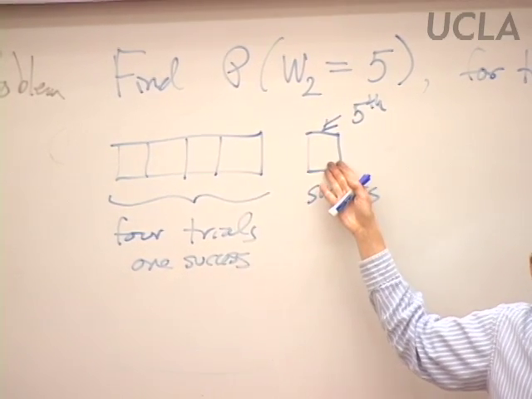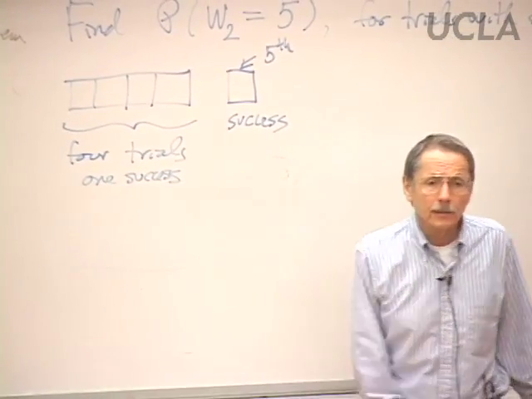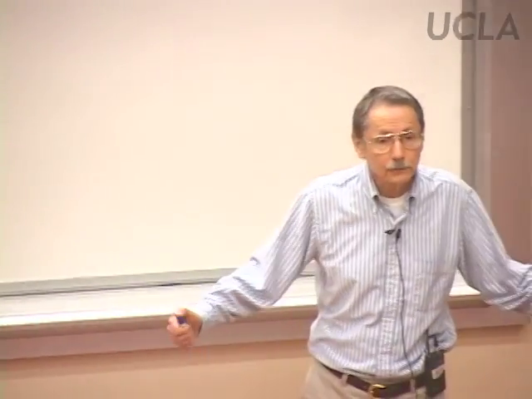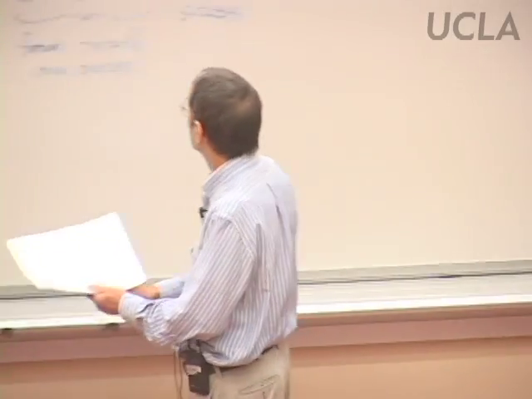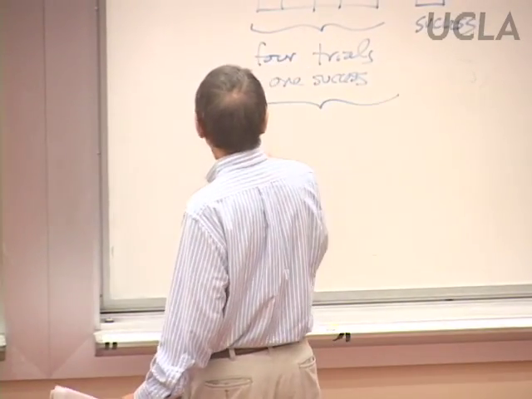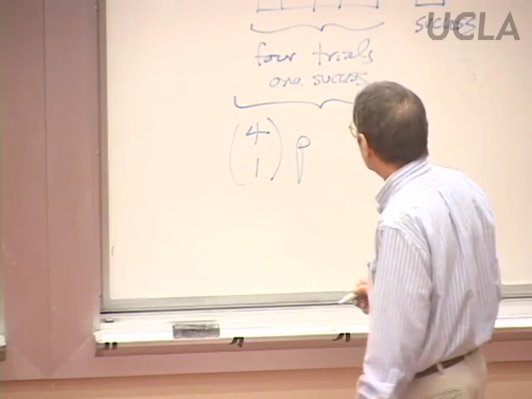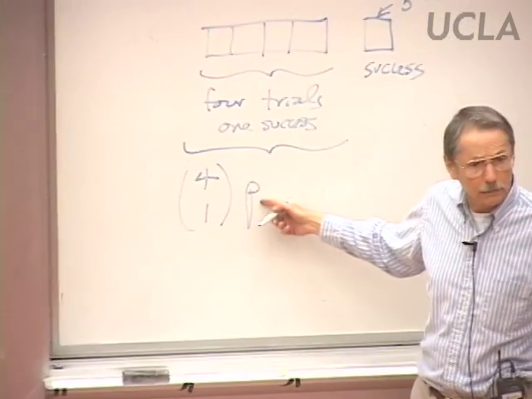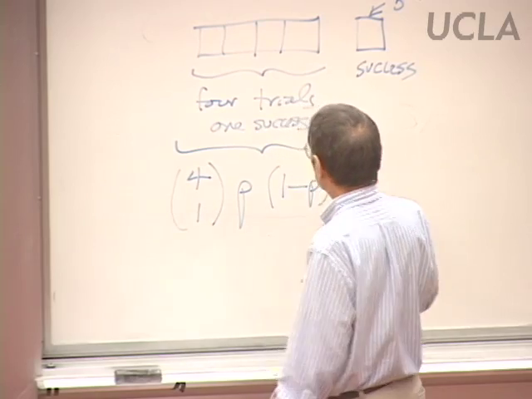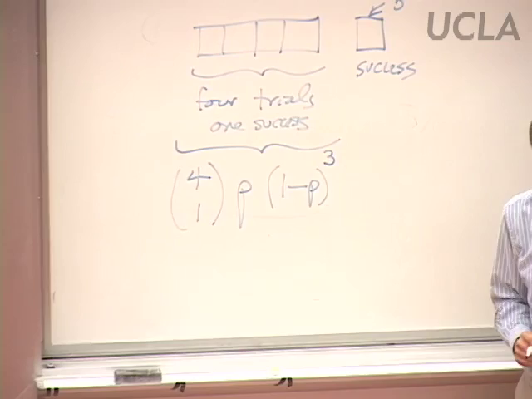And how likely is this? Well, we know how to do this problem from the binomial distribution. The probability of 1 success in 4 trials, well, we write that down. Four choose 1, P to the power 1 for the 1 success, 1 minus P to the n minus k, so that's 3, for those 3 failures.